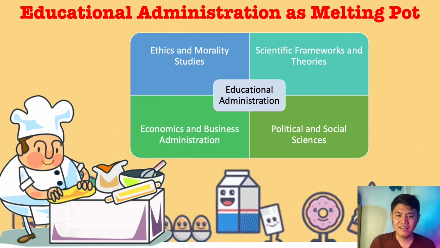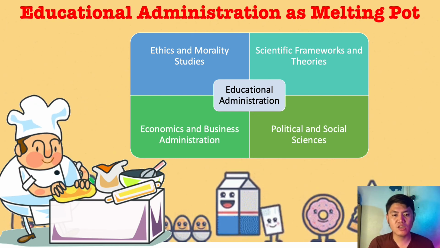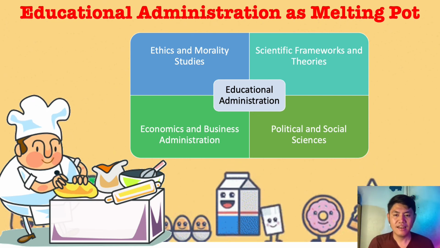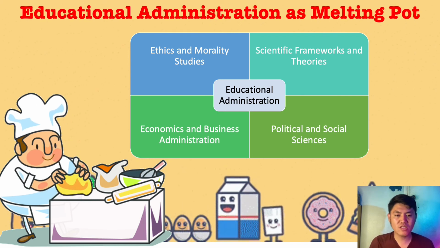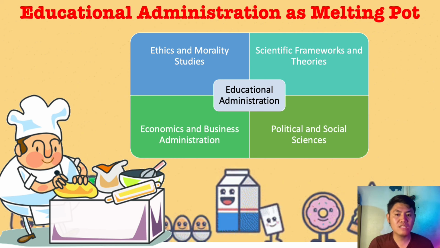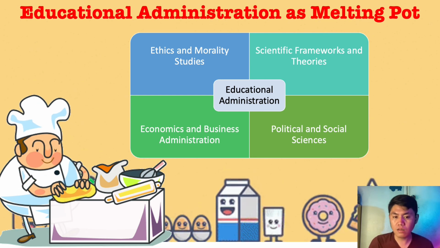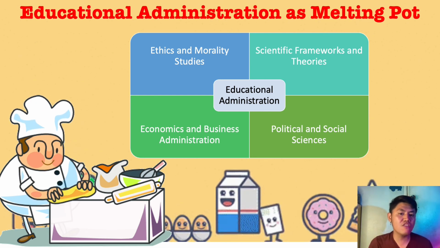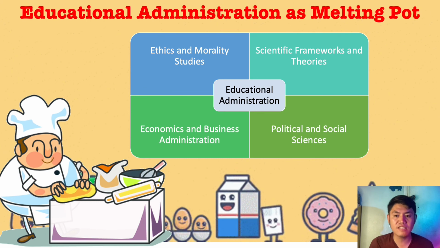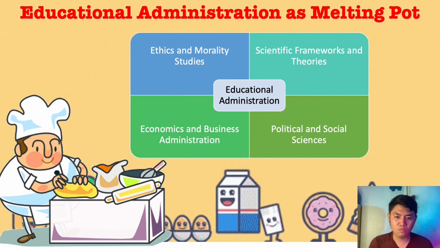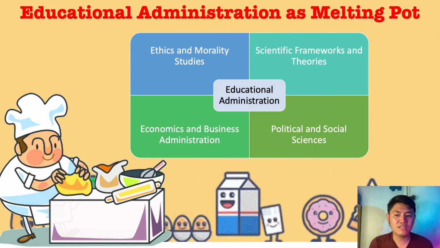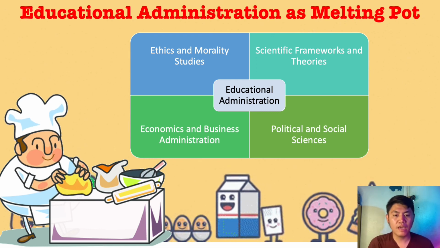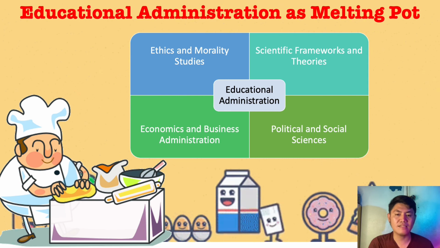In conclusion, educational administration is a complex task. Like a complicated dish with different ingredients, educational administration has borrowed several principles, models, and frameworks across different disciplines over the years, including ethics and moral studies, scientific theories, economics and business administration, and political and social sciences.